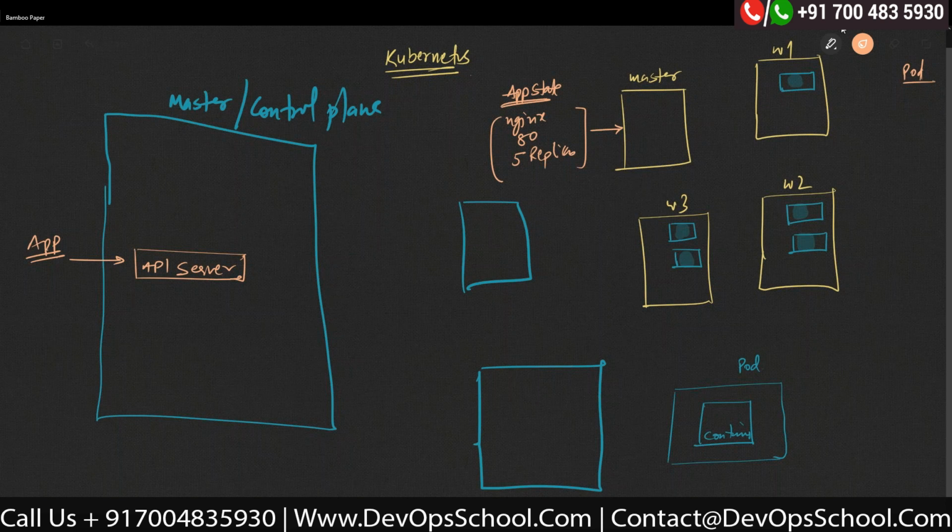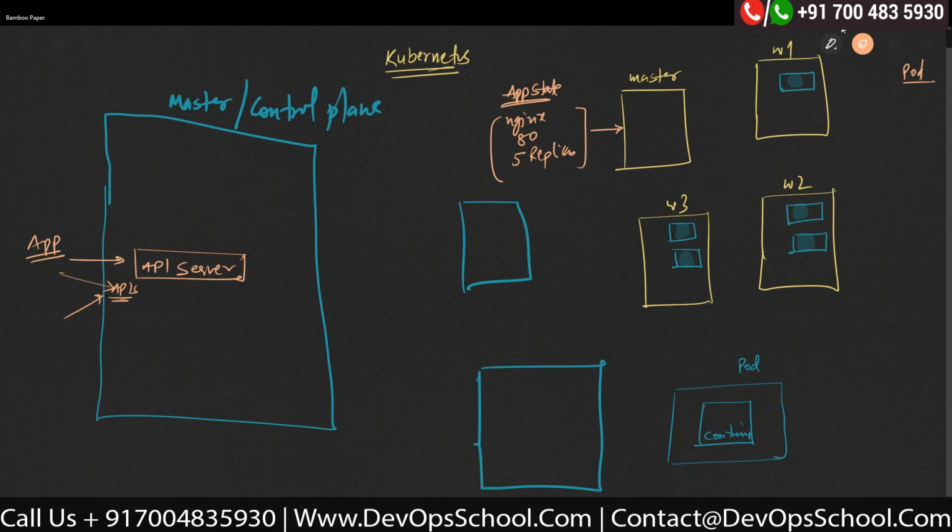API server is a component of the cluster or the master or Kubernetes, you would say, which exposes the cluster to the external world by using REST APIs. So it exposes REST APIs, and the REST APIs are used to communicate from the external world, and also to communicate with other components of your cluster.